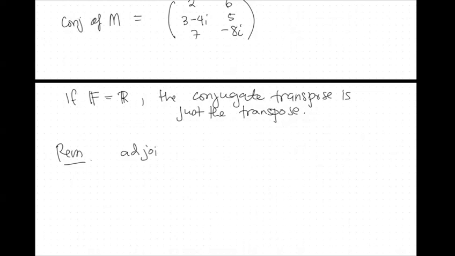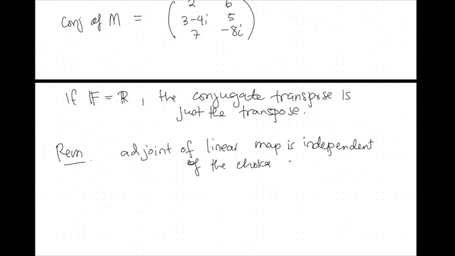Adjoint of a linear map is independent of the choice of basis. That's why we deal with adjoints of linear maps instead of conjugate transposes of matrices.